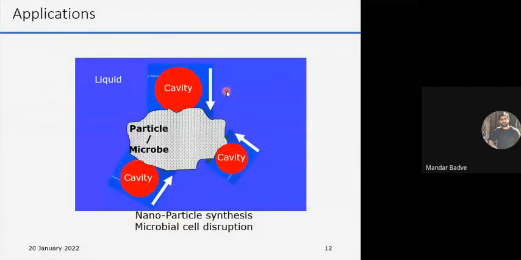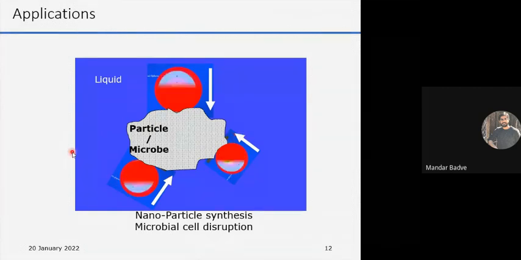This is just a schematic to show how cavitation works, in the case of, let's say, nanoparticle synthesis or microbial cell disruption. Imagine you have a particle or a microbe, and imagine these are the cavities.